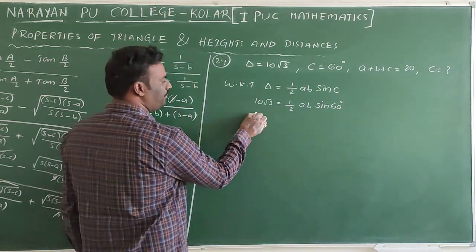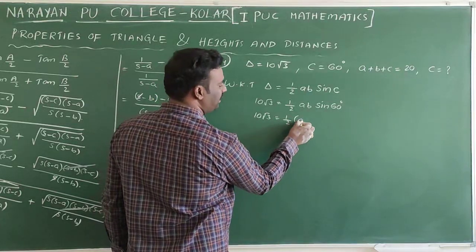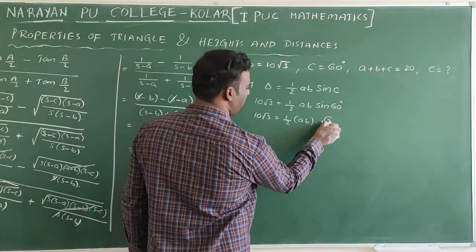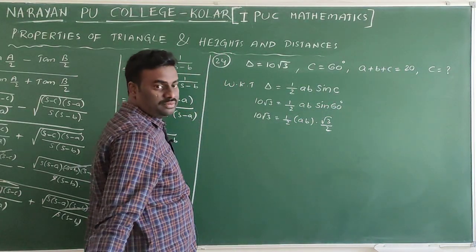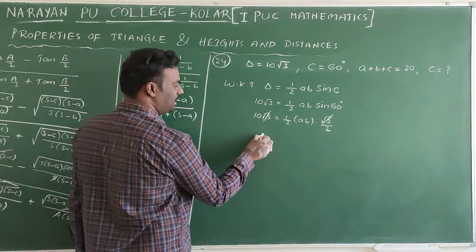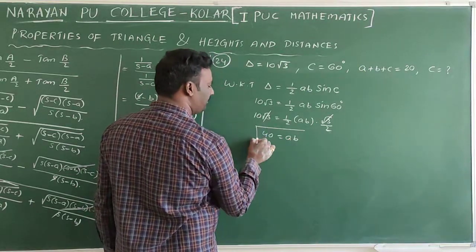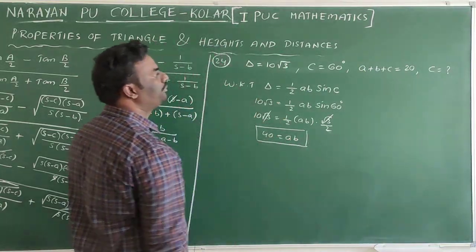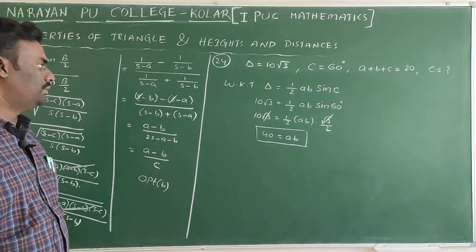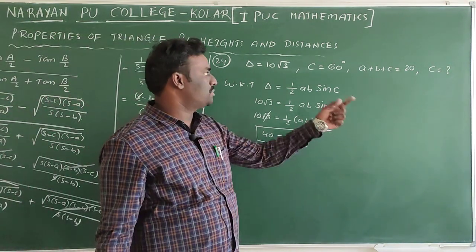Sin 60 value is root 3 by 2. Root 3 cancels, 2 into 2 is 4, 4 into 10 is 40. Now 40 is equal to ab.